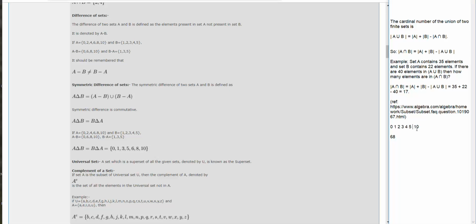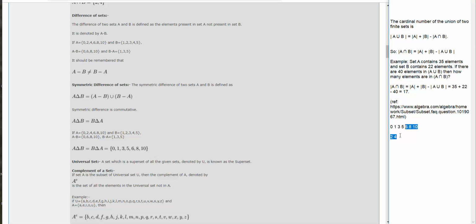Oh, sorry, it's my bad. So the intersection is actually 2 and 4. So this minus this, we eliminate 2 and we eliminate 4. So 0, 1, 3, 5, 6, 8, 10. This actually works. This is nice.